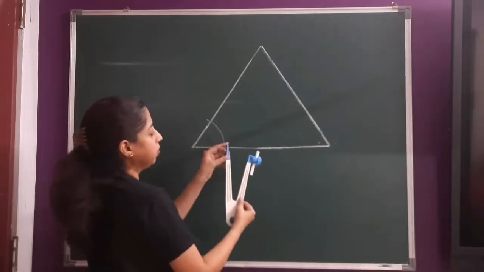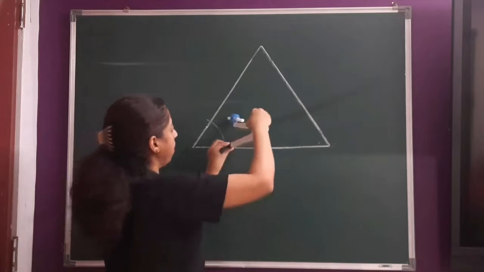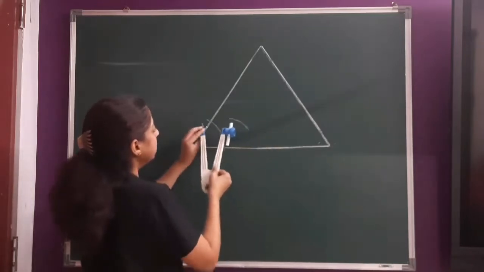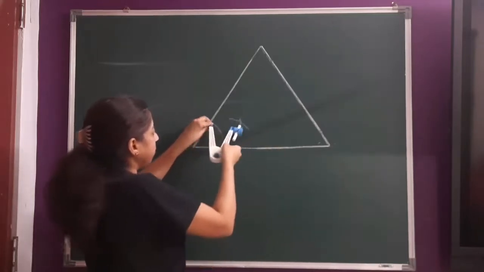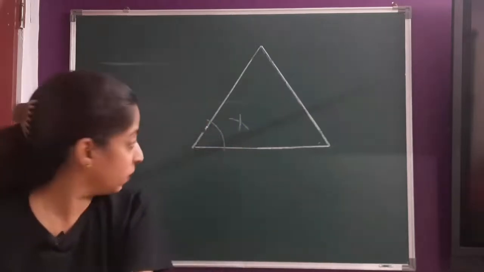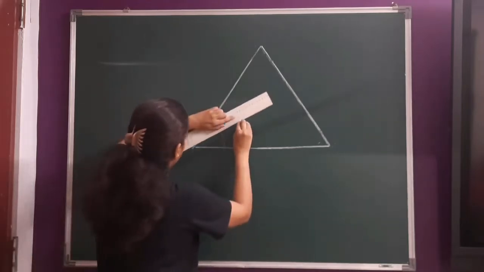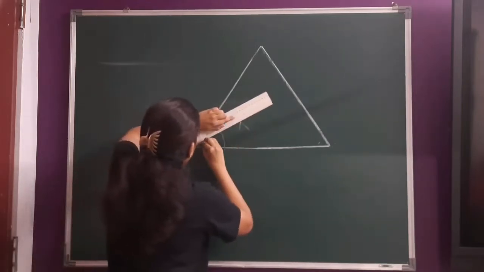Now after drawing the angle, I will take this pointer here, make an arc, take this point here, cut the previous arc. I hope this is visible. Now join this with a dotted line.